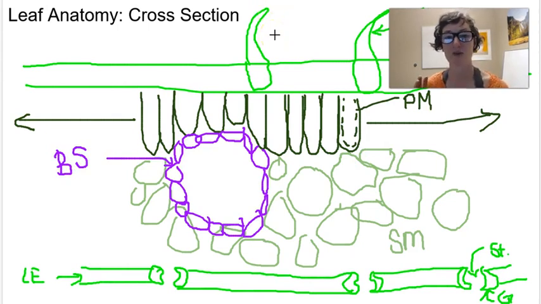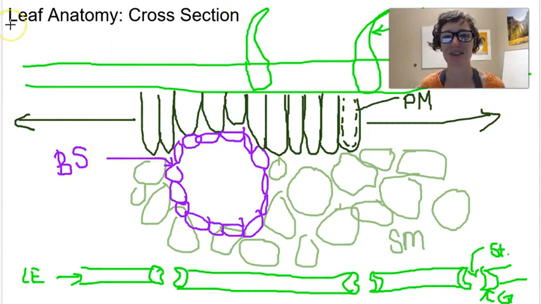Okay, so for the organization of the xylem and phloem within this vascular bundle, so we're looking at a leaf vein here. Anytime you look at a leaf and you see those veins, this is a cross-section of what we're looking at. So the way that leaves develop is kind of flat against the stem, facing upright, and then they fold outward, which I'm doing with my hands, but you can't see because I'm drawing.